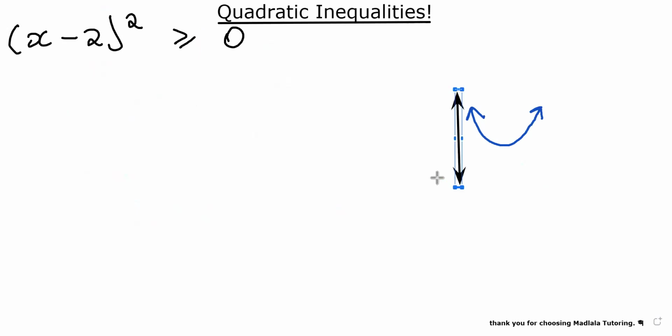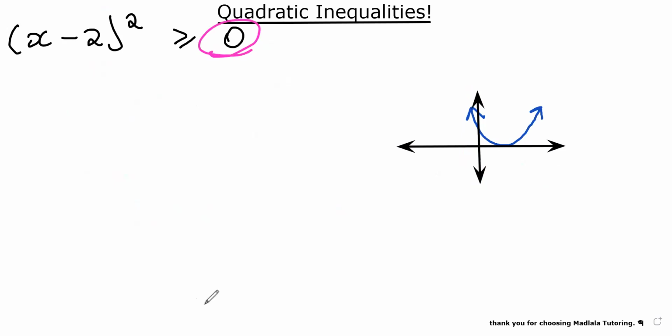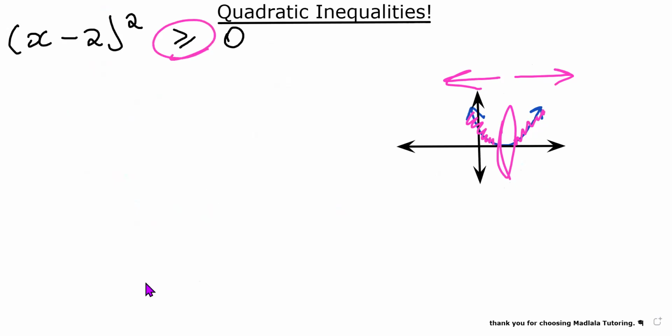So maybe let's say it's now something like this. The turning point is still on your x-axis, but the function has now been shifted 2 units to the right. So the question is, where is this function greater or equal to 0? Well, here we can see that it's positive for all the values of x, right? On the left of 2, on the right of 2. But then at exactly 2, we can see that the function is equal to 0.